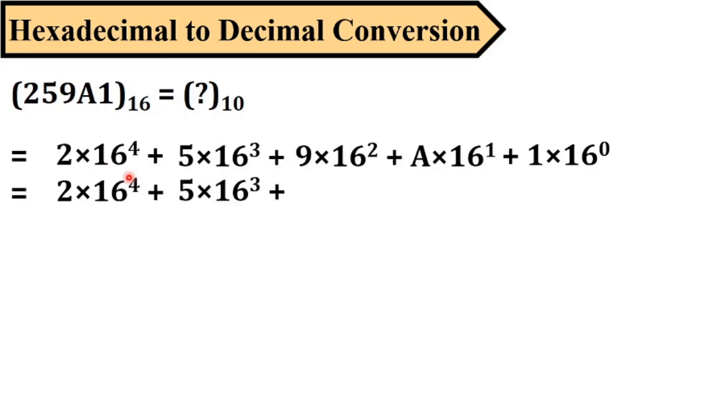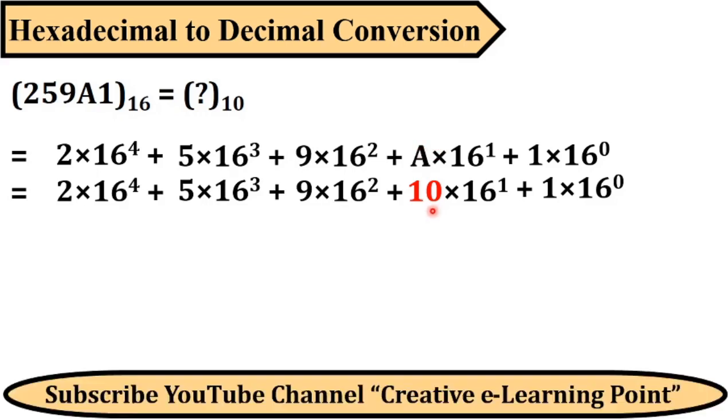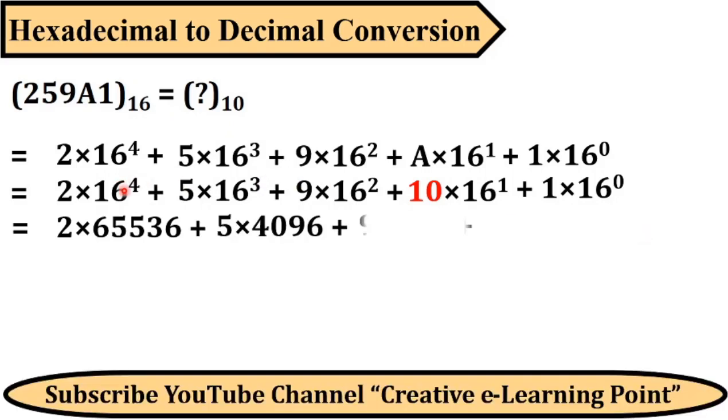Now again, I am rewriting all these numbers. But as we know, this hexadecimal A can be written as 10 in the decimal number system. That's why we will replace this A by 10. Again, we will calculate these power values, so we get these corresponding values.